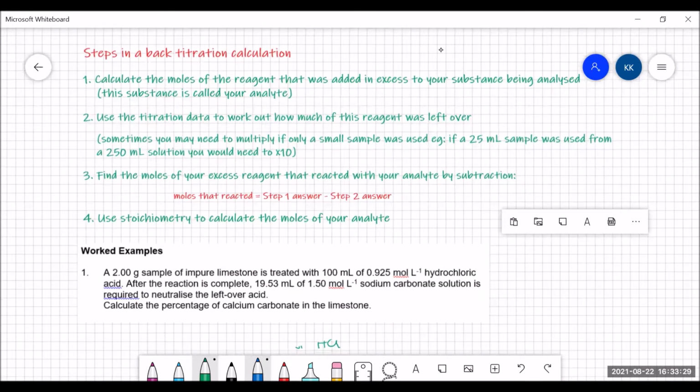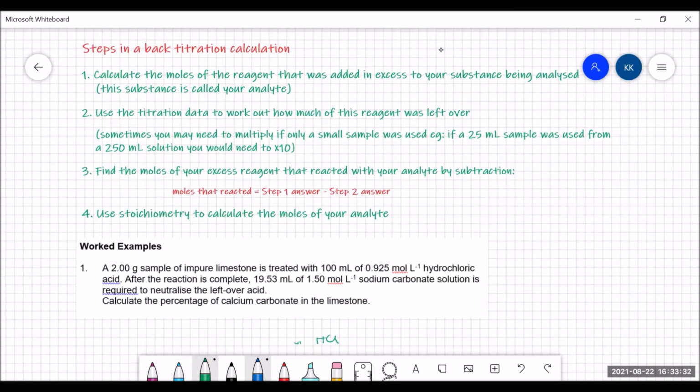So the first thing you're going to do is, when you initially dumped a whole lot of hydrochloric acid onto those crystals, calculate exactly how many moles of acid you added. Then the next step is to use the results from your titration to work out how much of that was left over, so how much acid was left over after all of the crystals reacted with it.